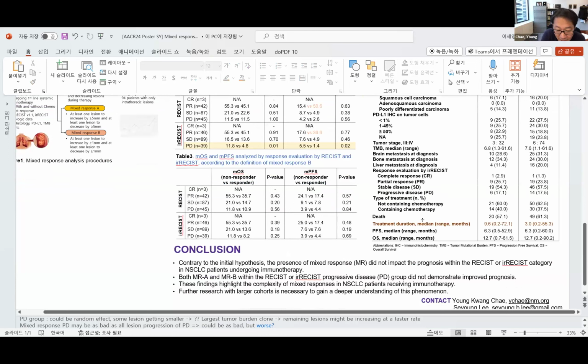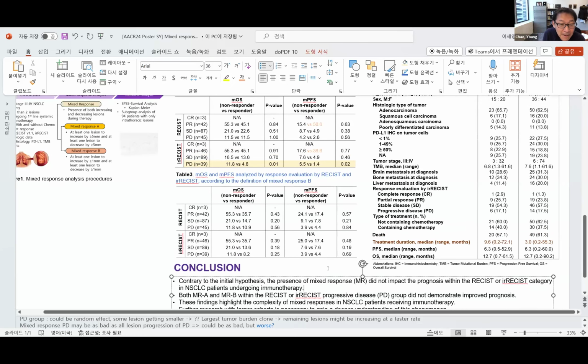So, did not impact the prognosis. Is it true? What graph shows that? I think it'll be hard to say did not or did because the groups are small.